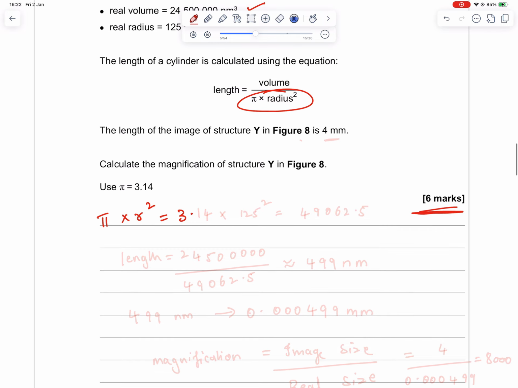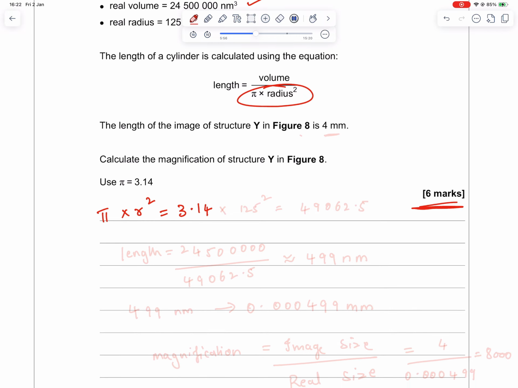So 3.14 times, I'm going to square the 125. I put that into the calculator and my answer is 49062.5. Now let's take the volume given and divide it by the pi r squared we got.